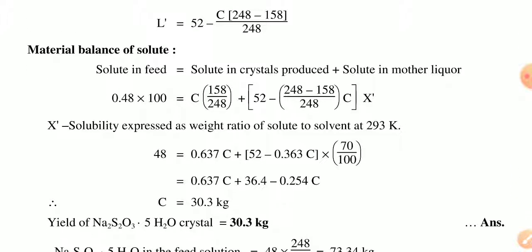In this term, X dash is the solubility expressed as the weight ratio of solute to solvent at 293 Kelvin.